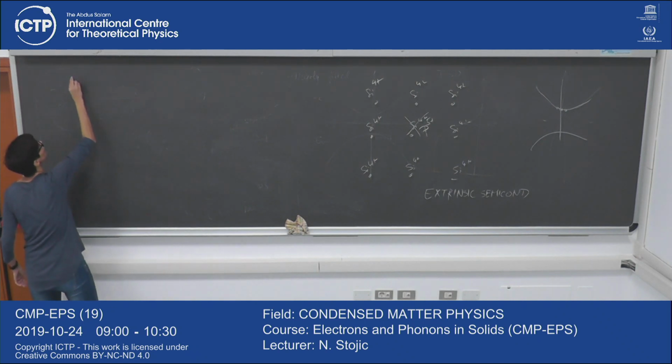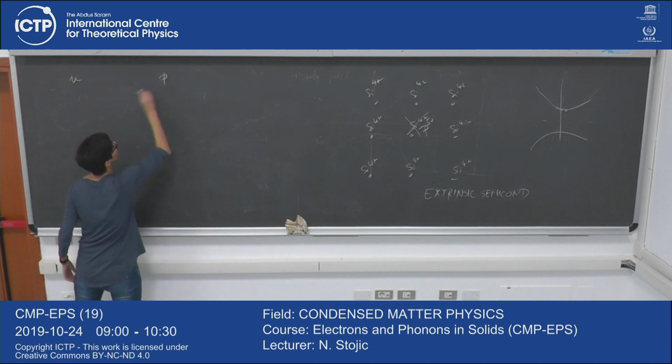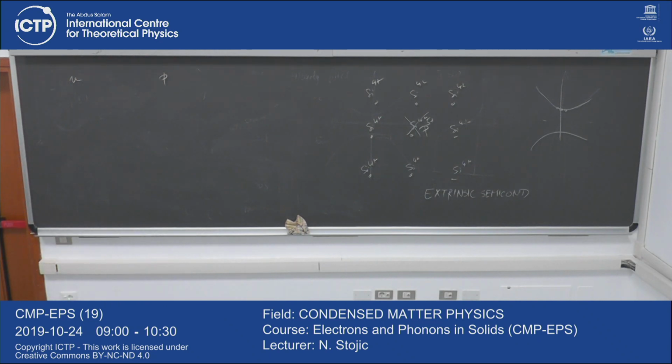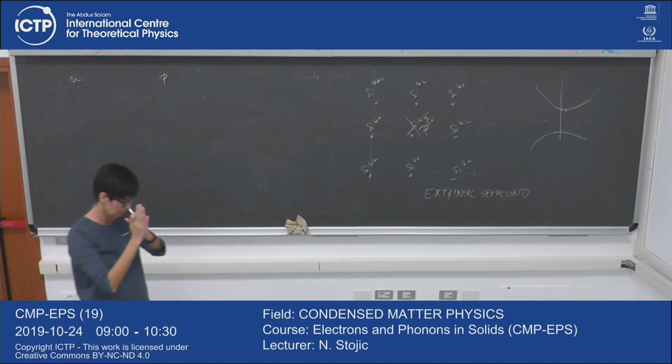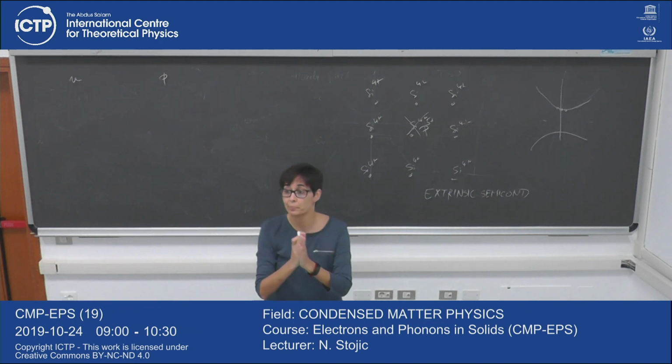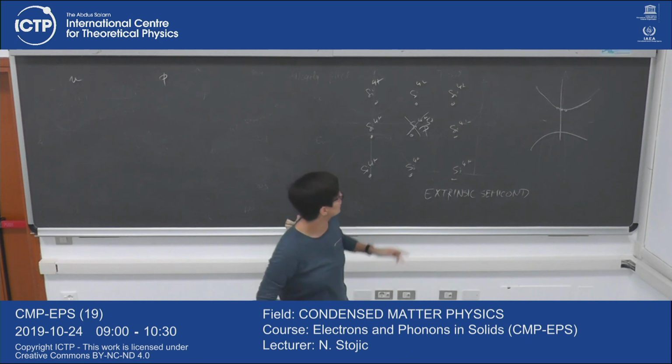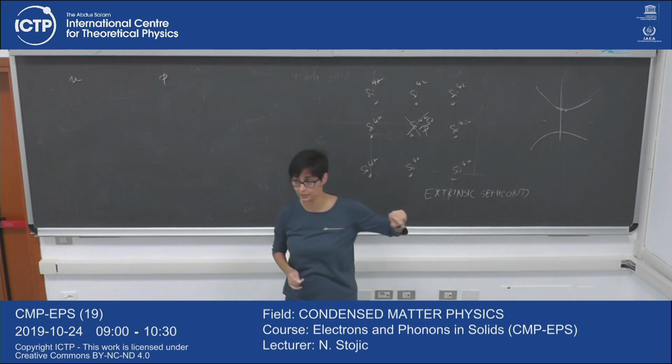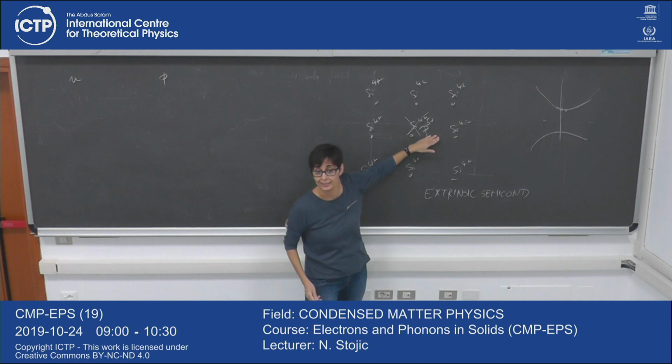Okay, so the diode can be seen as an interface of the N and P doped semiconductors. Here we doped with electrons. This is the N doped case.